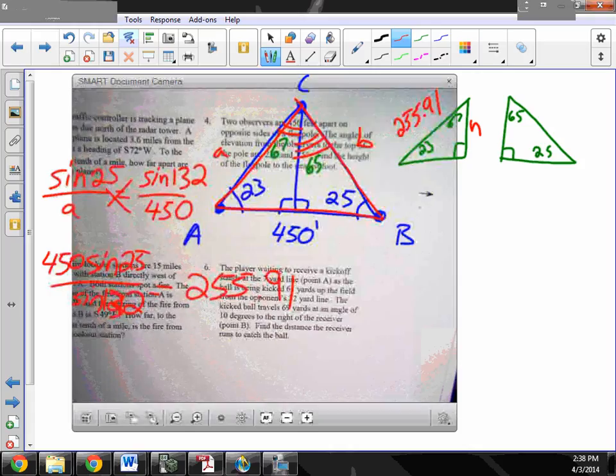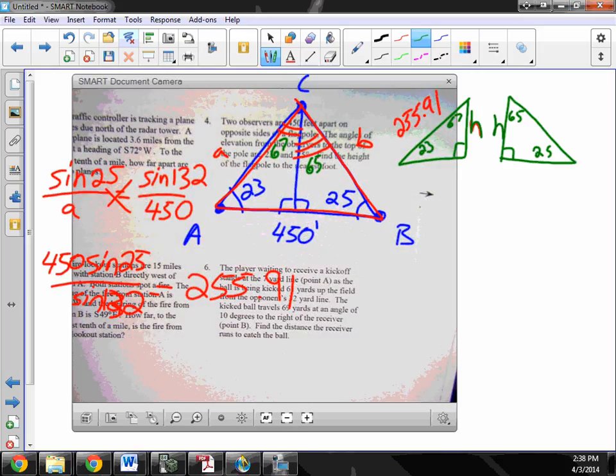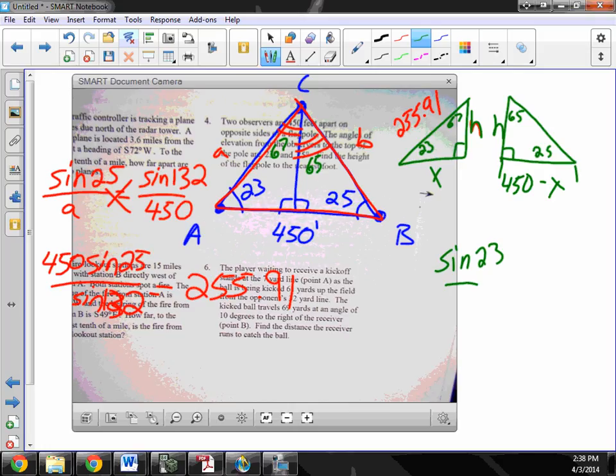Well, do you want to see how I did it, which is a royal pain in the butt? I'll just show you so that you're smart and you don't ever do this. What I did was said, okay, these are both h. They're the same distance. And I called this x. So if that's x, how big is this one? 450 minus x. So I did a law of sines. Sine of 23 over h is equal to the sine of 67 over x.